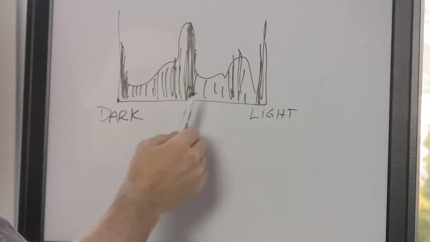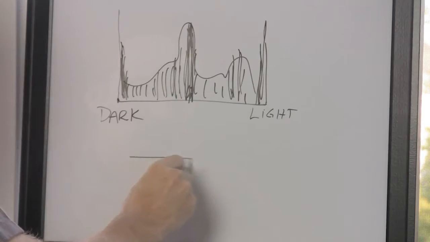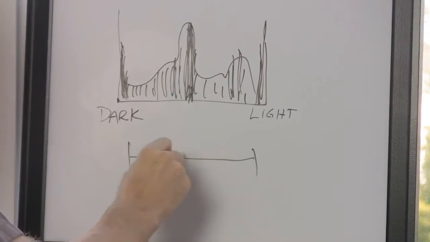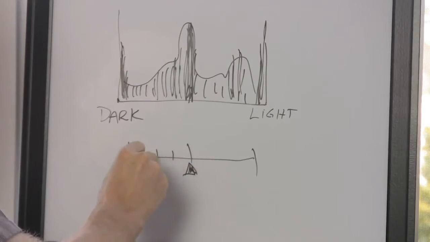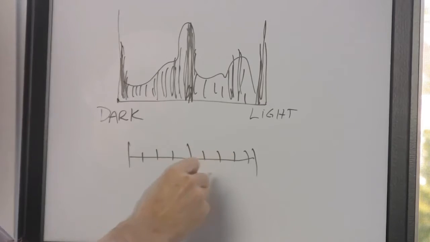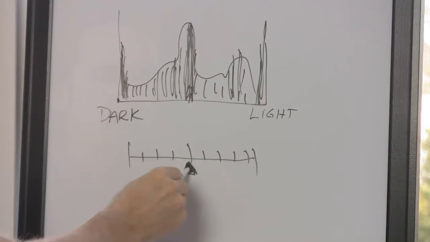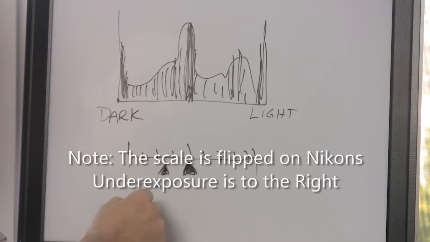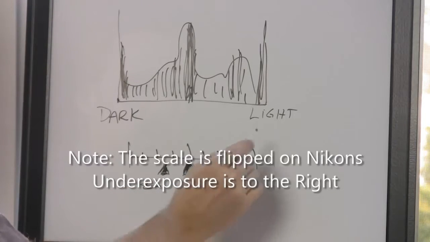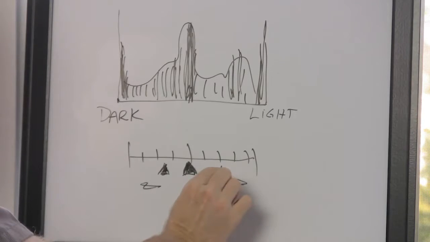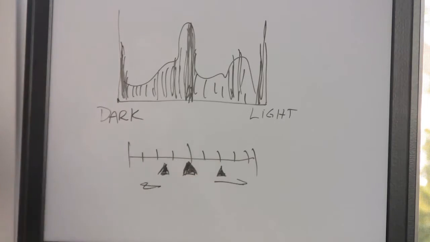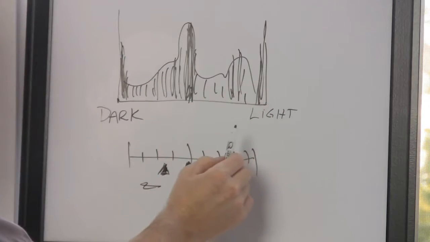This is really useful because, as I mentioned earlier, in your camera viewfinder you have that little display which shows you correct exposure, and if for some reason you're underexposed, the little marker moves down to the left, and if you overexpose your image, that little marker will show you by moving to the right that your image is overexposed.